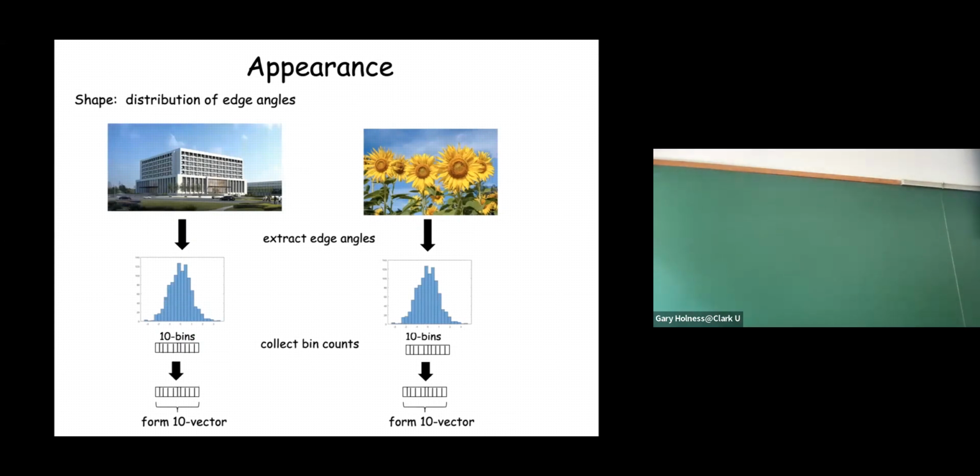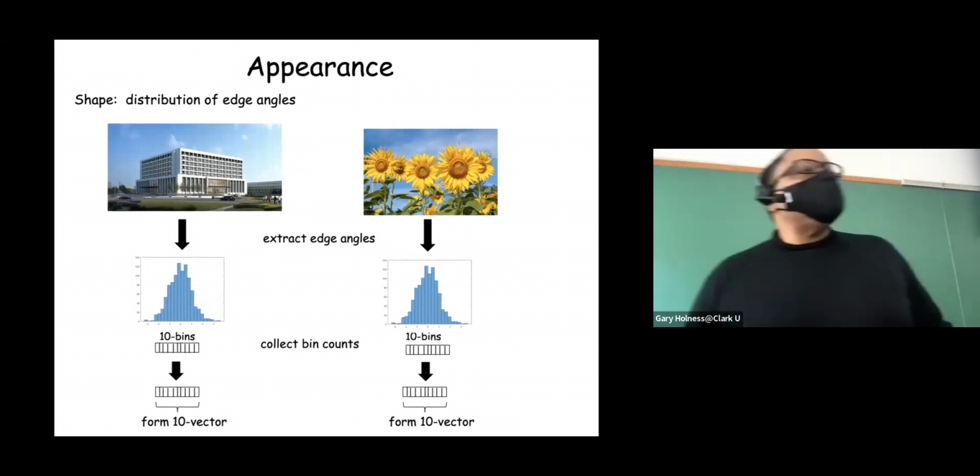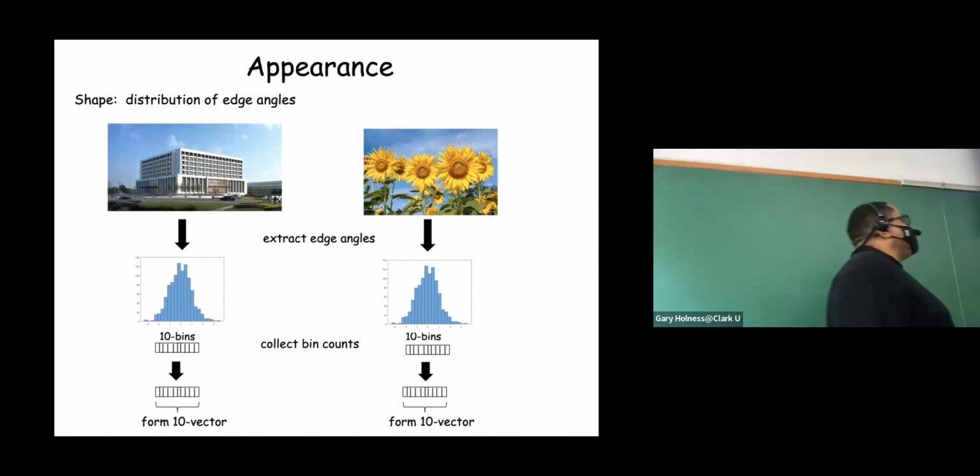Another thing we talked about was that in this building image, you have a lot of edges that are 180 degrees and 90 degrees. So if you then took that representation of all the edges in the image and produced a histogram, you're going to get two peaks or modes, one over 180 degrees and one over 90 degrees.